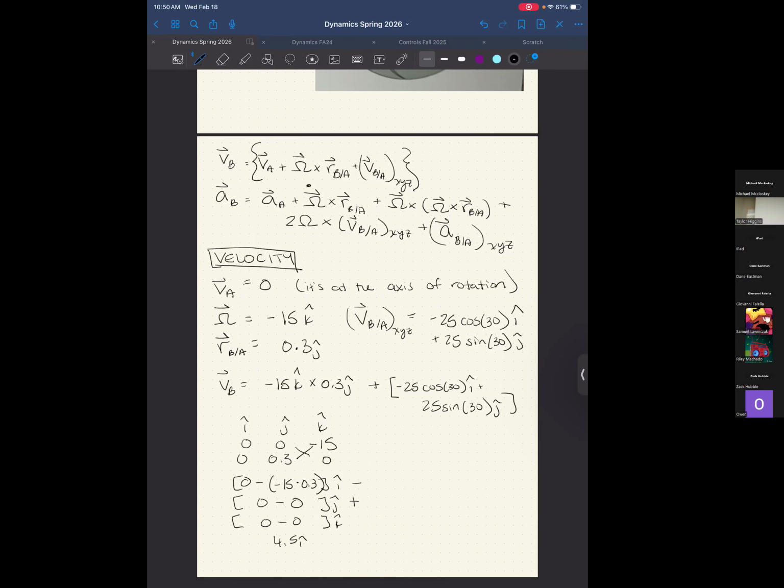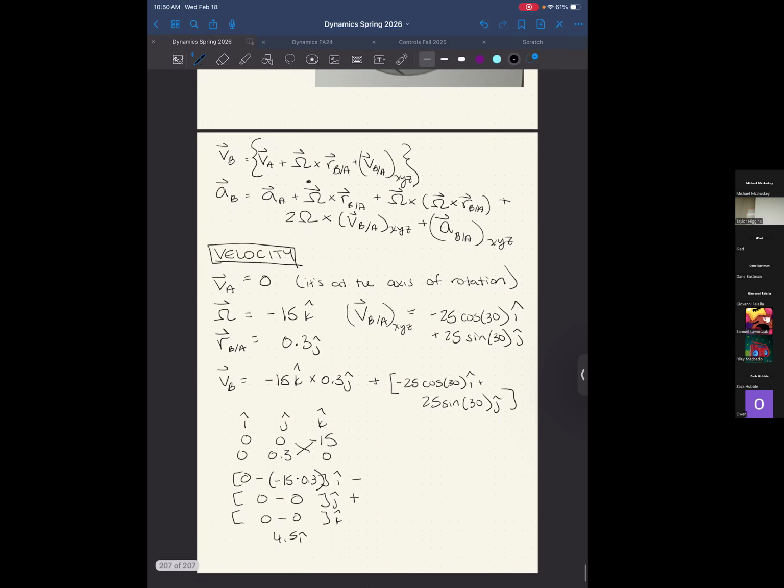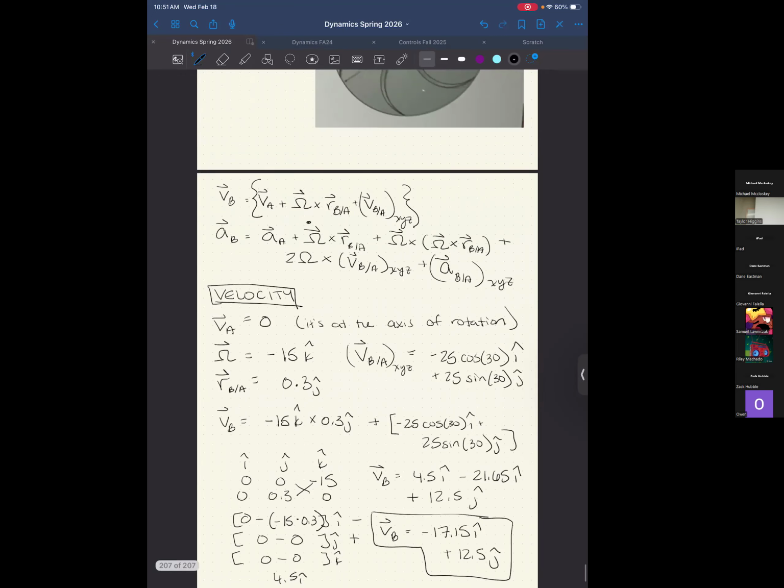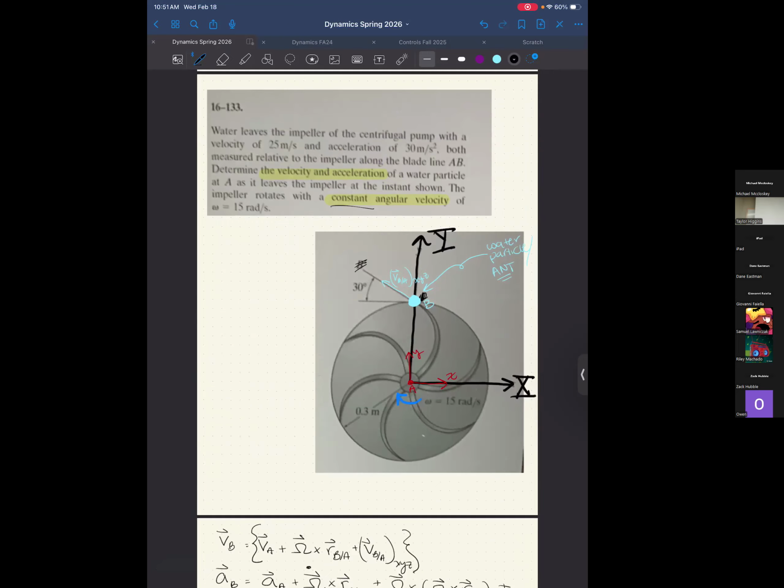Positive 4.5 I hat. Yes. 30 meters per second squared.